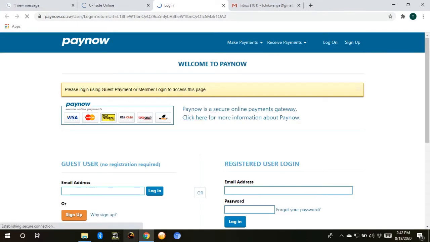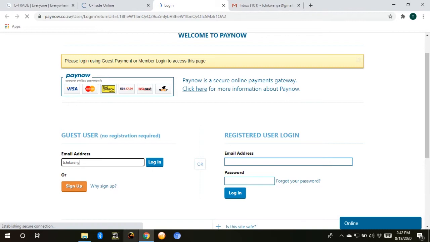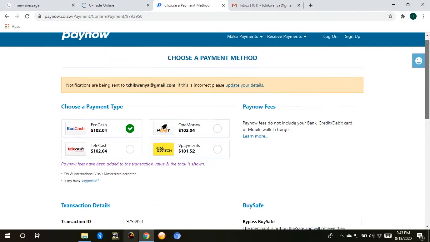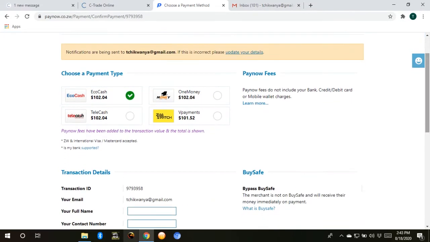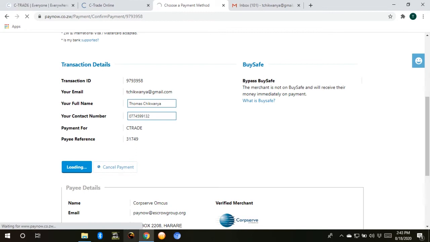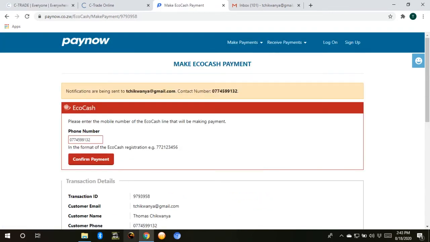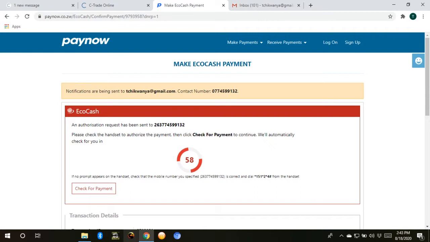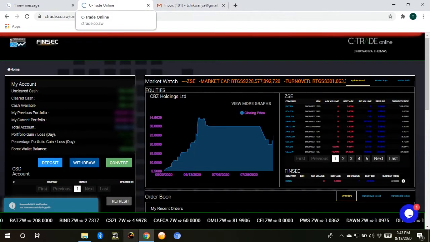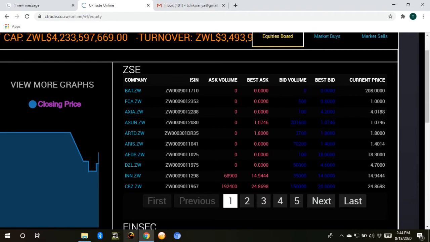Follow the process to make the payment. When your money is reflected into your account, you can now start to look for shares to buy.